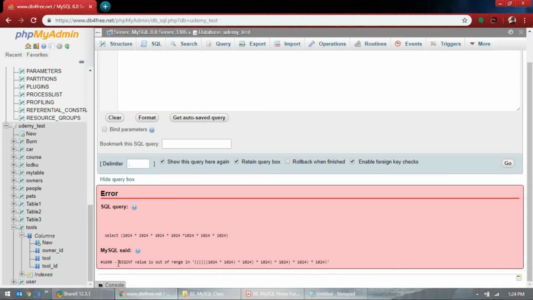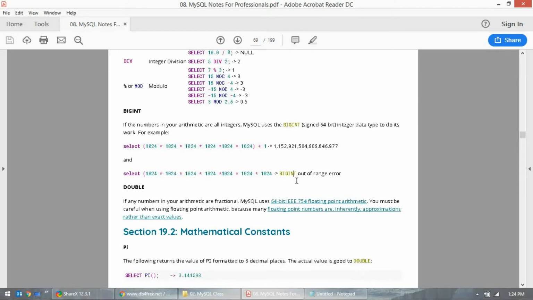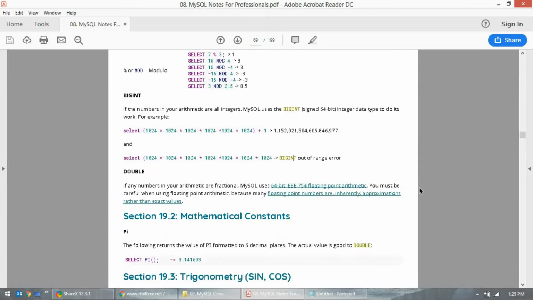Yeah, see here, value is out of range. Now this has a limit, it is BIGINT, you cannot go beyond this. So that's the reason it says out of range. Even a calculator is limited, so here also it has limit values. You cannot use 1024 multiplied by 1024 multiplied by 1024, it gives BIGINT out of range.